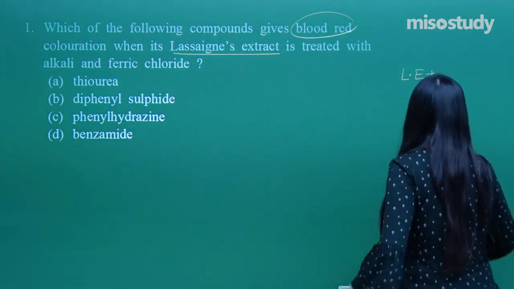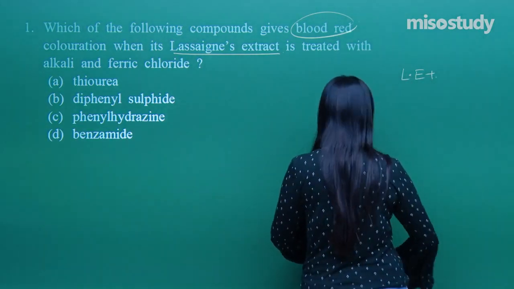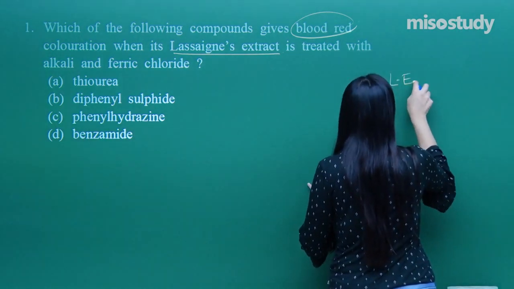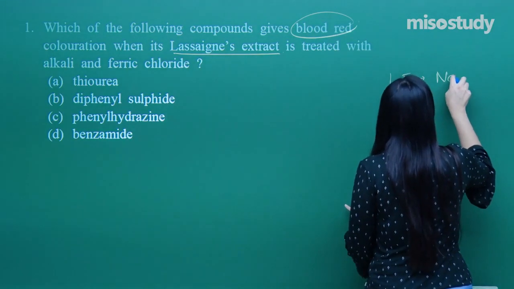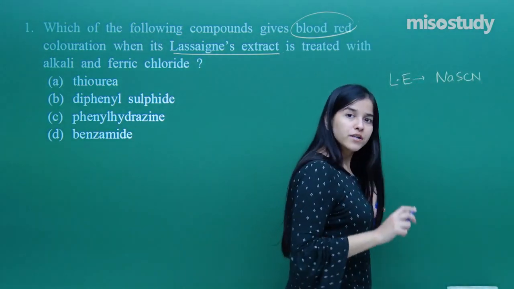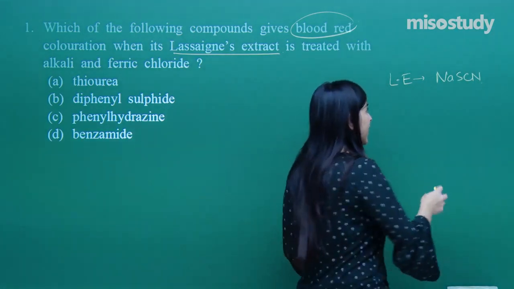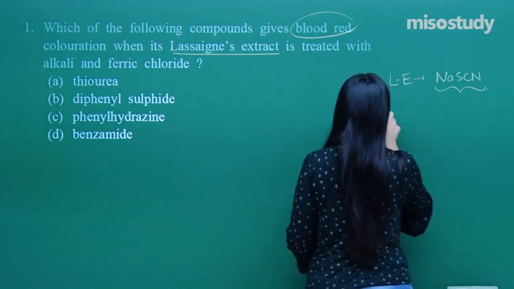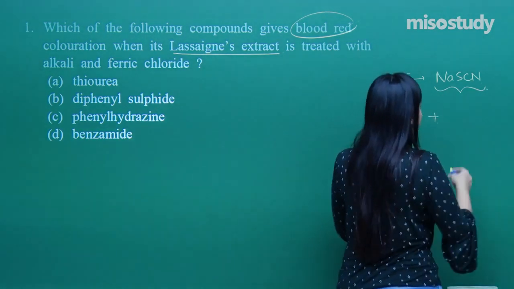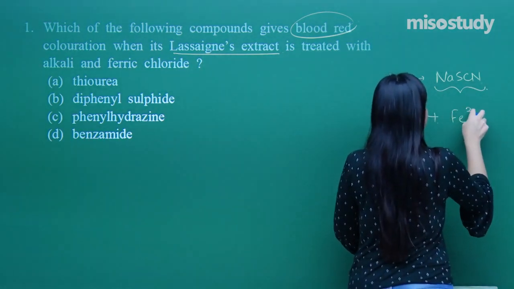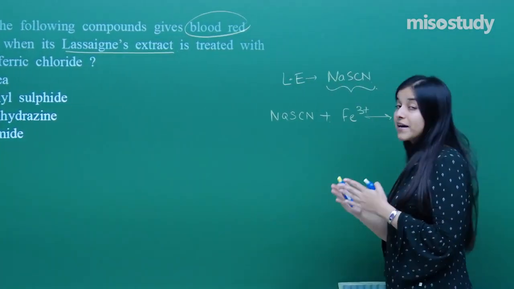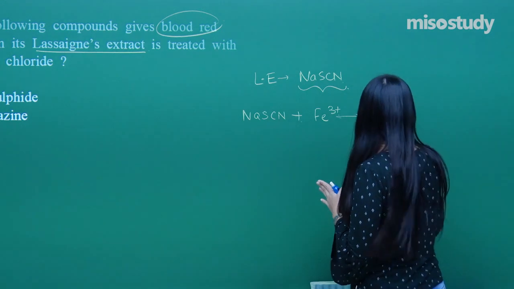So the blood red coloration is observed when the LE is first of all in the form of NaSCN, sodium thiocyanide. When this LE reacts with Fe3+ ions, it will give the blood red coloration.